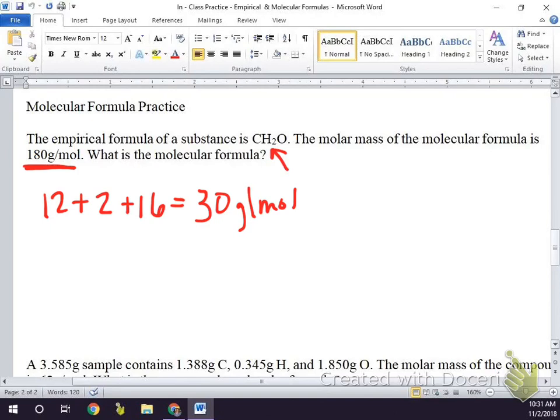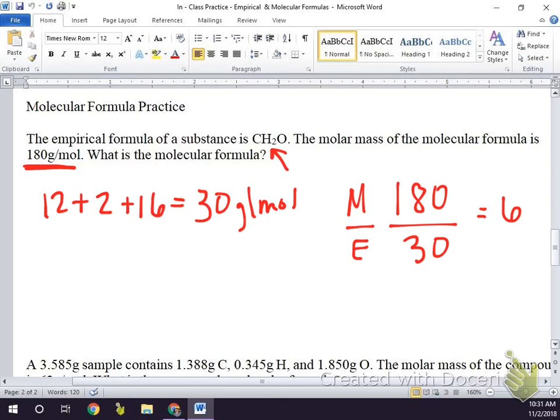So now we're going to look at what's the ratio between the molecular formula and the empirical formula. And we do that by taking molecular divided by empirical. Okay, so you do molecular formula divided by empirical formula, and these are the molar mass of each. Molar mass of the molecular formula, molar mass of the empirical formula. That gives you a ratio of 6.